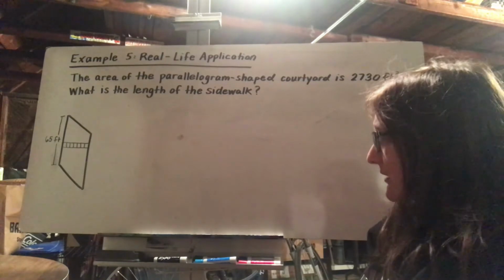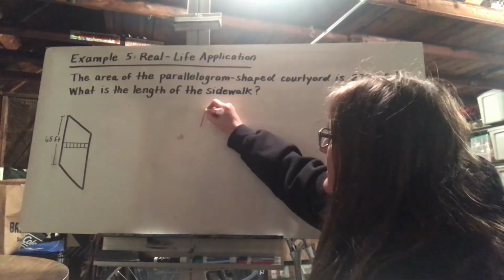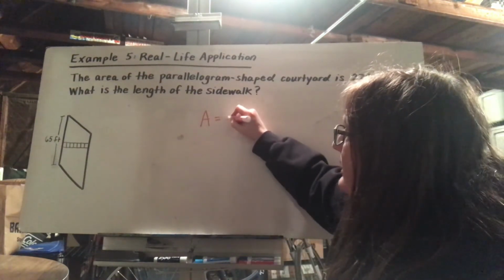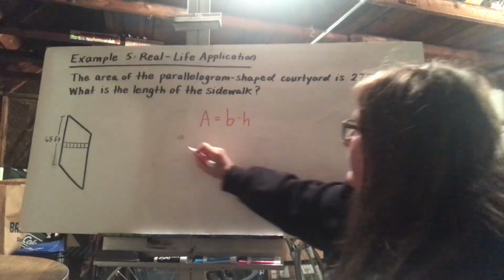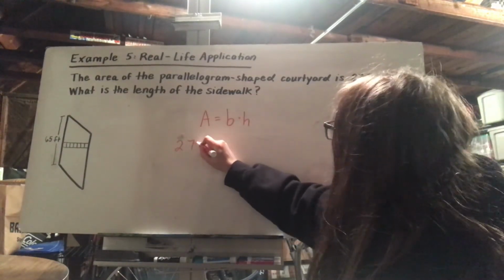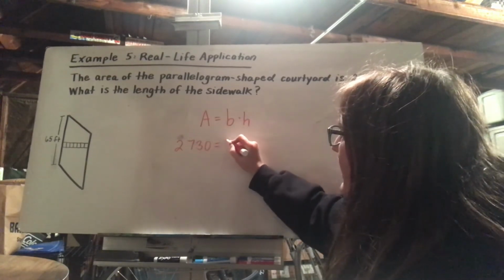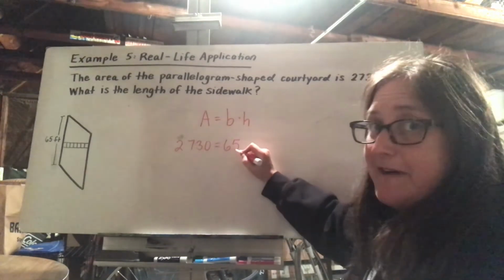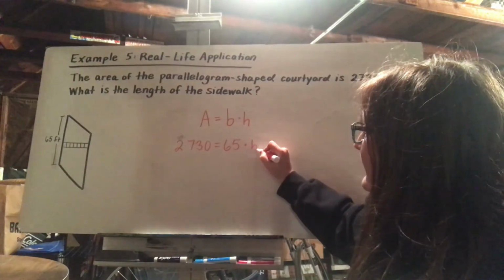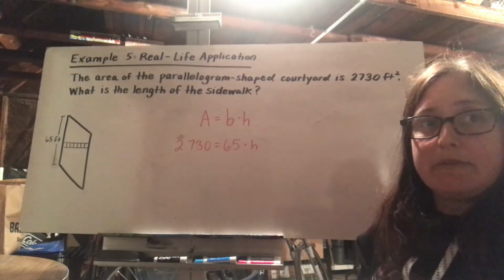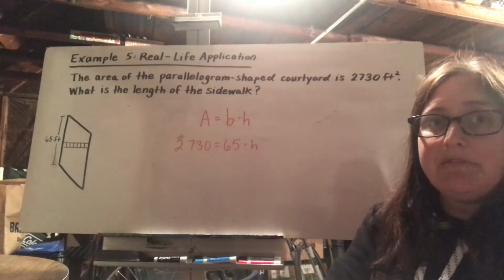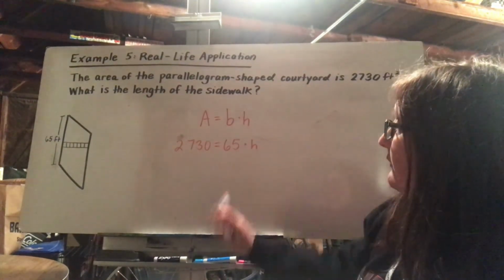Well, with a parallelogram, I know that to find the area, I can do the base times the height. So the area has been given to me, 2,730. The base here is 65. And the height, which is also the length of that sidewalk, is what I'm actually looking for as my answer. So I'm going to have to solve this by solving for h.